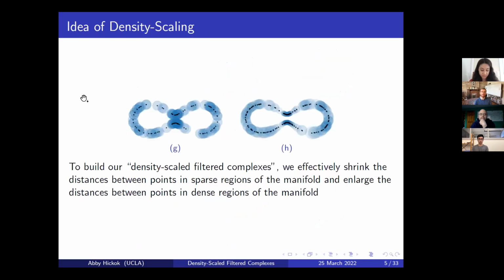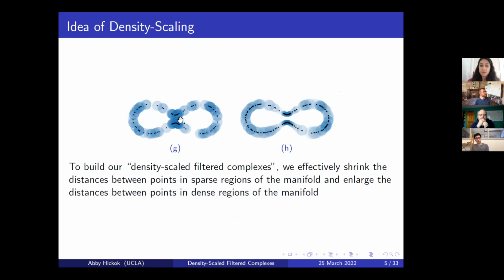Okay, so this is another example. Here, this is a Cassini curve, and I've sampled it uniformly in the angle theta, which leads to higher density on this little narrow bridge here, and lower density out here. And you can see if we were to build a Rips or Čech complex here, we mostly see just a figure 8.